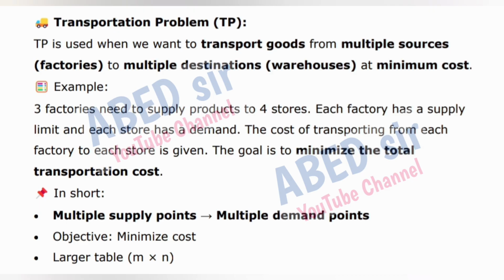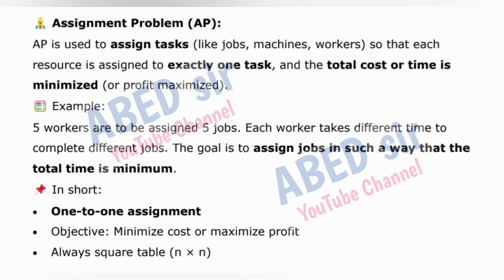Objective, minimize cost. Larger table, M times N. Assignment problem, AP. AP is used to assign tasks, like jobs, machines, workers, so that each resource is assigned to exactly one task, and the total cost or time is minimized or profit maximized.